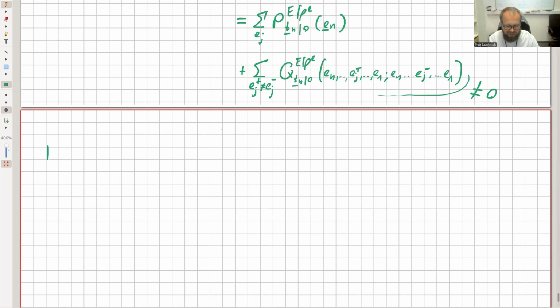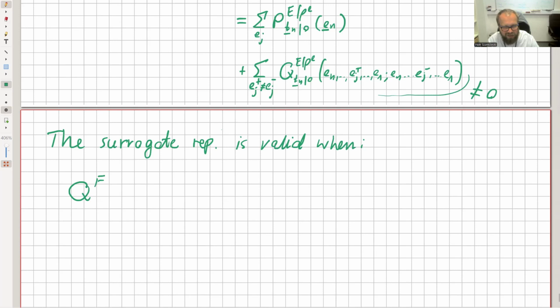the surrogate field representation is valid when the bi-trajectory distribution is such that everything is zero, has zero measure, except the cases when the components of the bi-trajectory are overlapping.